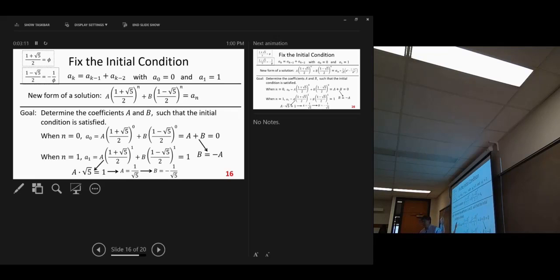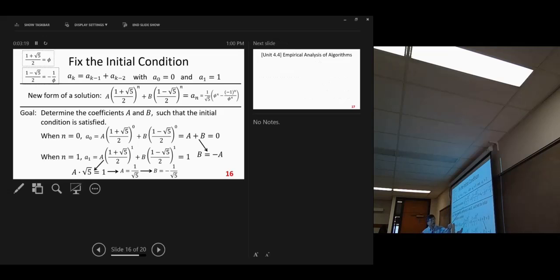Then let's rewrite this using phi. These two expressions equal 1 over root 5, positive, negative, then parentheses. In that way, we also find that Fibonacci number formula.